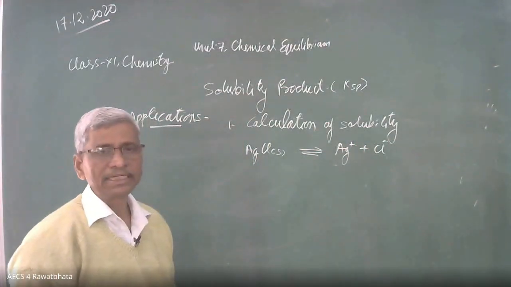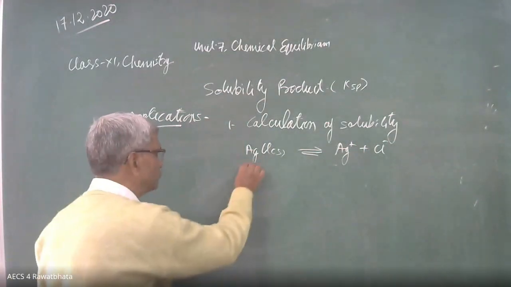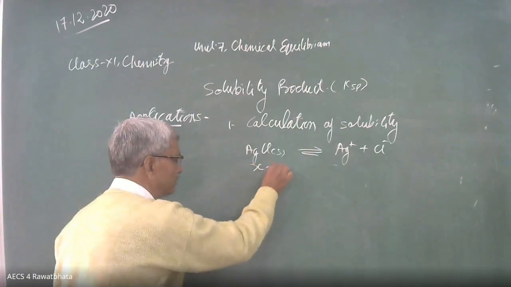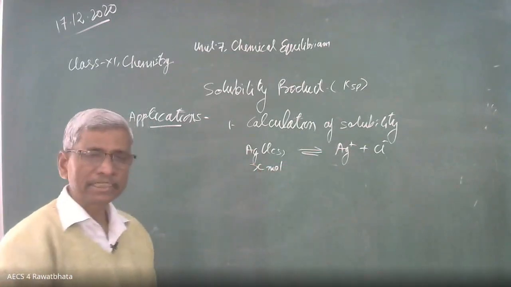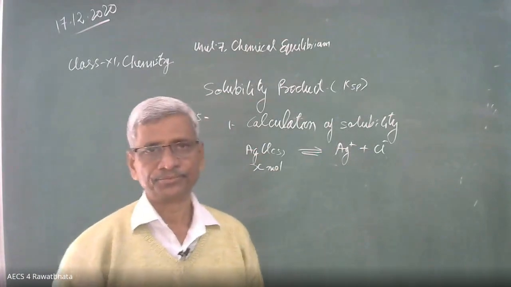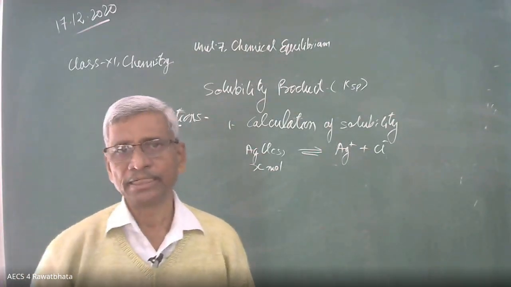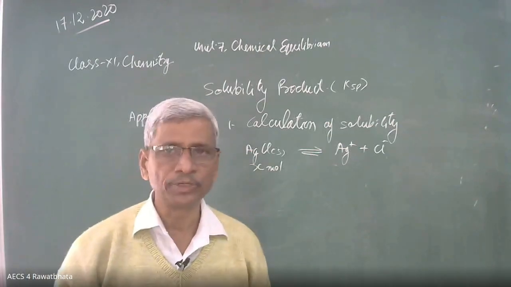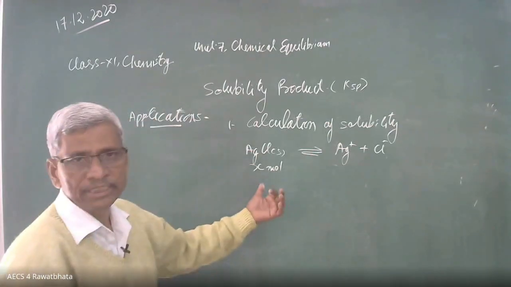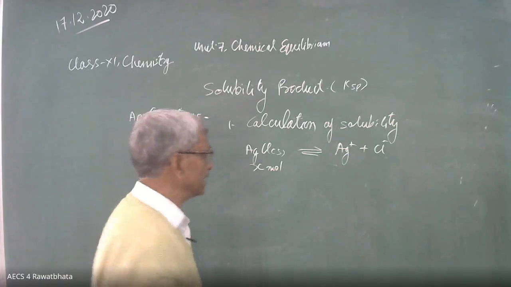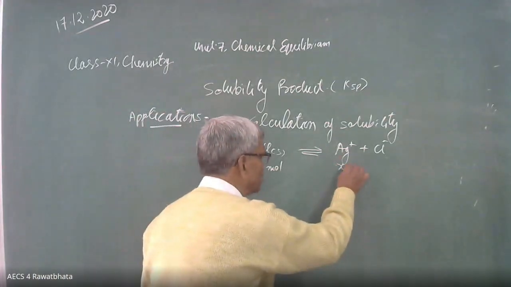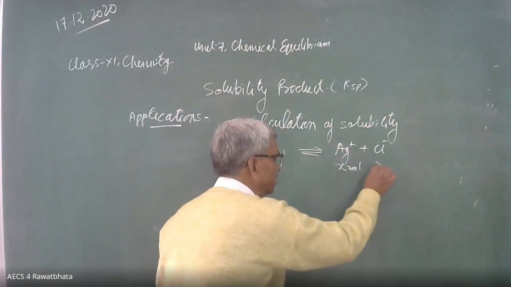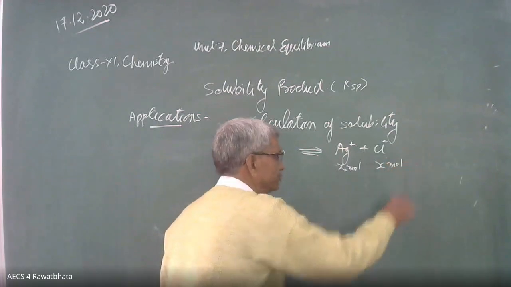Let its solubility be X. X mole dissolves in 1 liter. That's the meaning of solubility. Then X mole of silver ion and X mole of chloride ion will form.